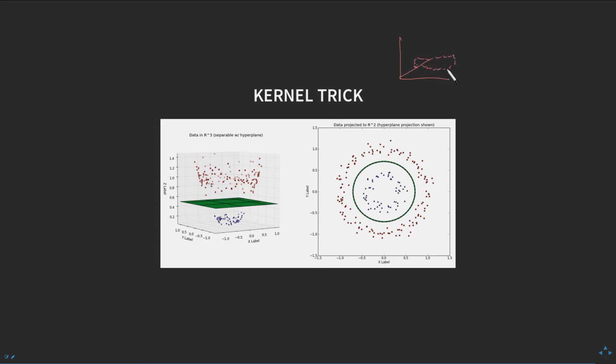So like this. And then in the middle we have our crosses, right? This is still not linearly separable, even in 3D.